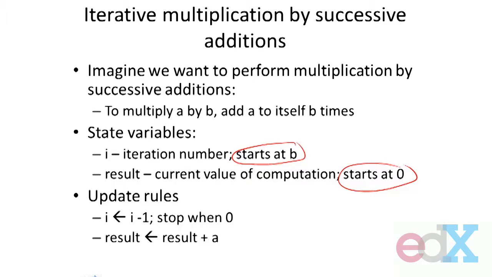So these state variables have the property that if I stop the computation at any point, they tell me exactly where I am. And they have the property that not only are they initialized, but at least one of them will have a condition for telling me when I can stop. And in this case, I'll stop when that iteration count gets down to 0. I know I've done all the things I need to do.